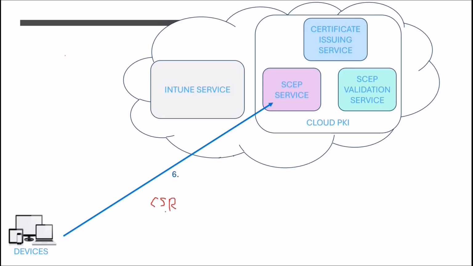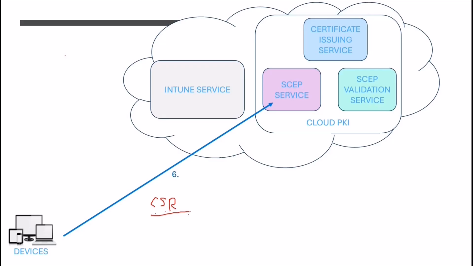Think of the CSR as the actual request for a certificate. So the device now generates a CSR and sends it to the SCEP service. In the CSR, it is telling the SCEP service, I want a certificate and these are the attributes.